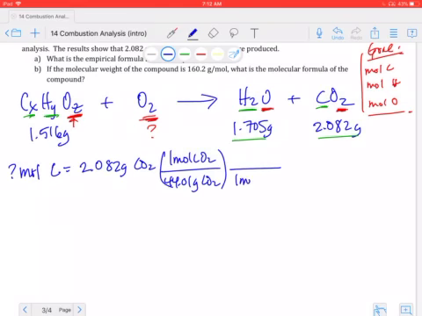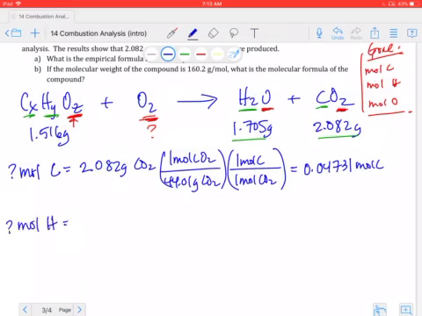I'm going to do this extra step, which is just this 1-to-1 ratio. So if you're covering that in your head, that's good. It's just always nice to do that mental check and make sure you thought about that. So this is going to give me 0.04731 moles of carbon.